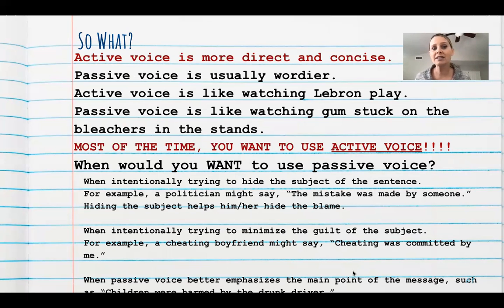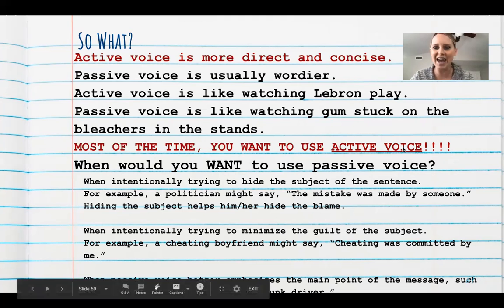Really, truly, passive voice is usually wordier because I have to add that helping verb, those wases that we talked about, and I need to add those prepositional phrases that I didn't have to have before in order to get the doer in the sentence. In order to get LeBron in the sentence, I had to put him in with a prepositional phrase.